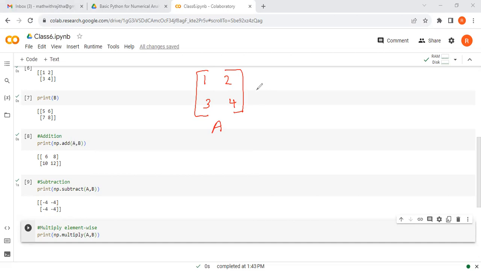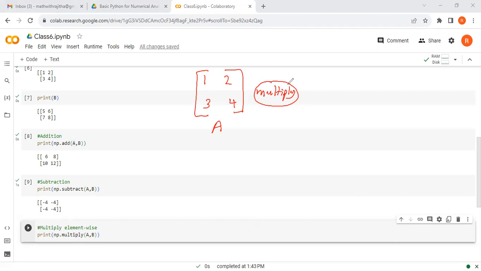The multiply function. It looks ridiculous, right? This is the operation like addition, subtraction, multiplication.